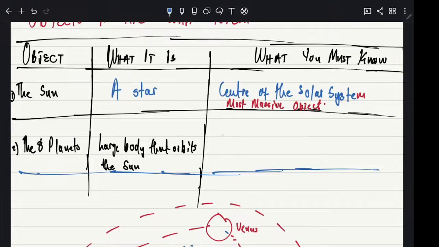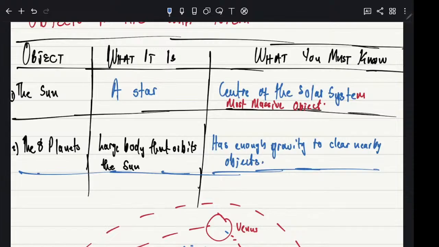Now, the difference between a planet and a dwarf planet is that a planet has enough gravity to clear nearby objects. What is gravity? It is when it pulls something to itself.